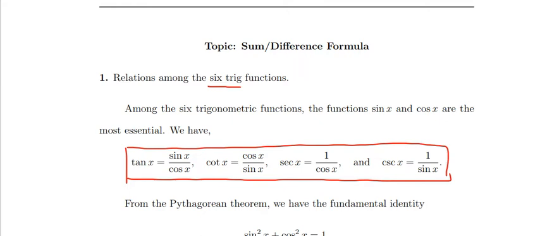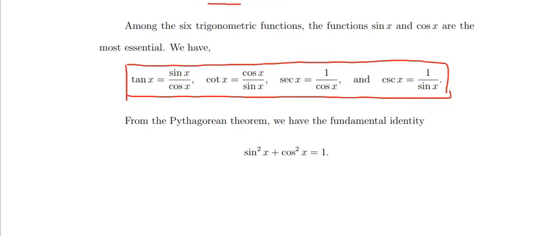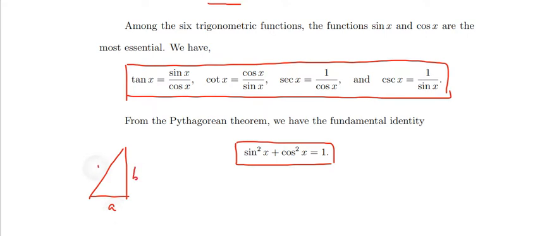For sine and cosine, we have this relationship: sine square plus cosine square equals 1. This is equivalent to a square plus b square equals c square, right? For a right triangle, we have sides a, b, c, and for this angle, a square plus b square equals c square.